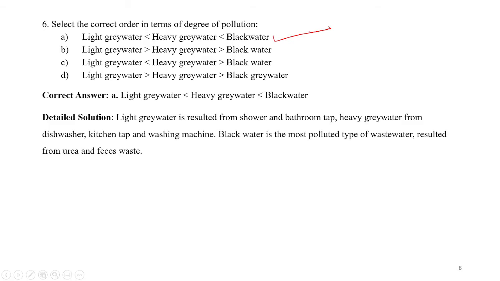Let us have a look at the detailed solution. I have told you before that there are two types of wastewater from households, grey water and black water. In fact, grey water is divided into two types, light grey water and heavy grey water.